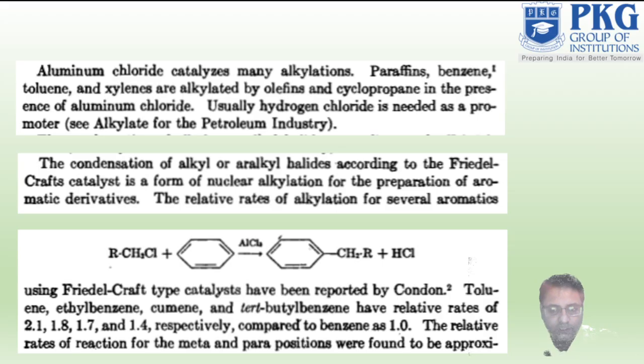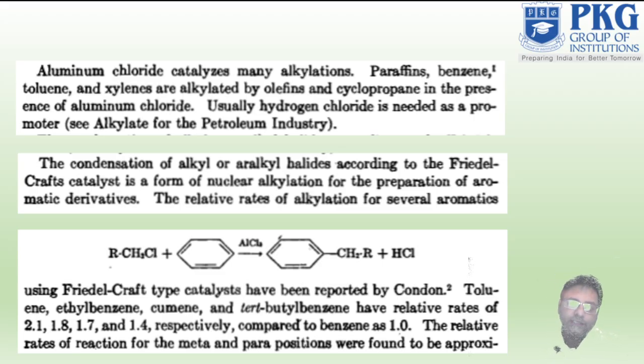So this aromatic compound now has this alkyl halide group attaching. Using Friedel-Crafts type catalysts, it has been reported by Scandon that toluene, ethyl benzene, cumene and tert-butyl benzene have relative rates 2.1, 1.8, 1.7 and 1.4 respectively, compared to benzene.